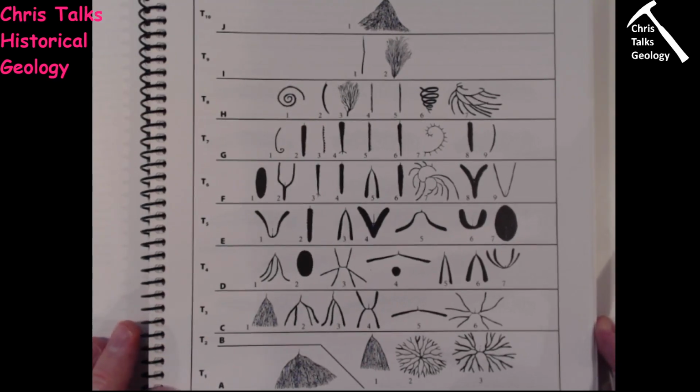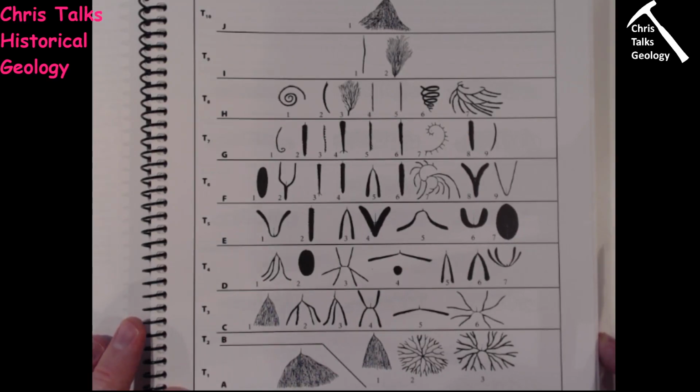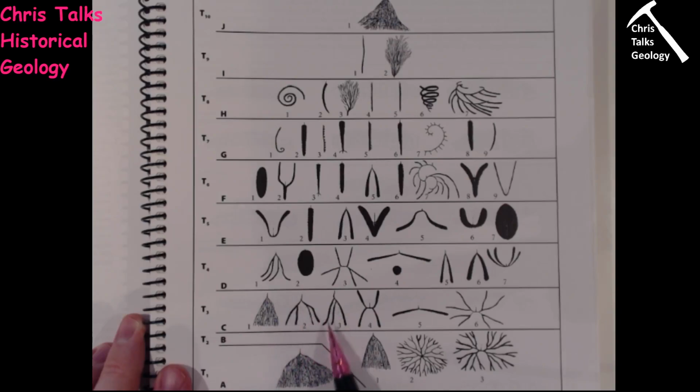Graptolites were a type of colonial organism. Think of them kind of like the way corals function. They've got lots of little chambers in which individual organisms live. What we're seeing here is the framework on which the individual organisms lived, because the individual organisms die and decompose, but the framework gets left behind.